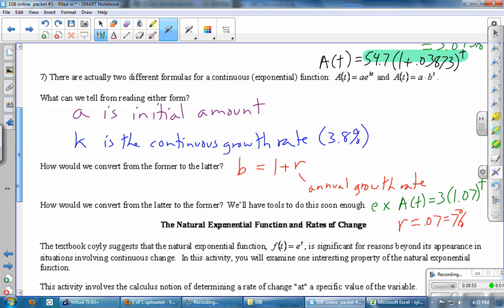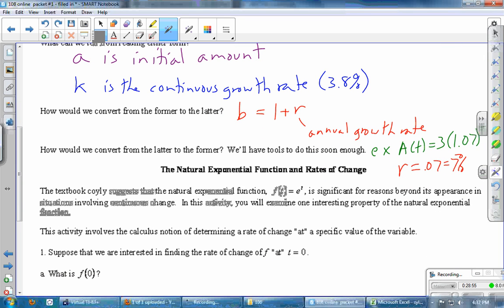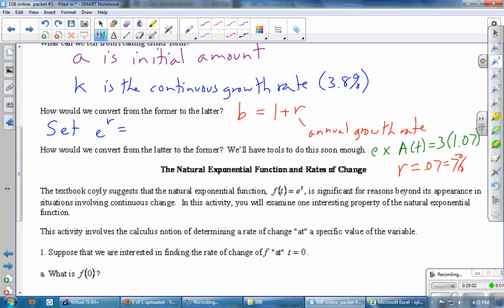So how do you convert from the one to the other? Well, you just set e to the r equal to b. Maybe that's not the best way to say it. Let b equal e to the r, and you're done. Something's fishy.